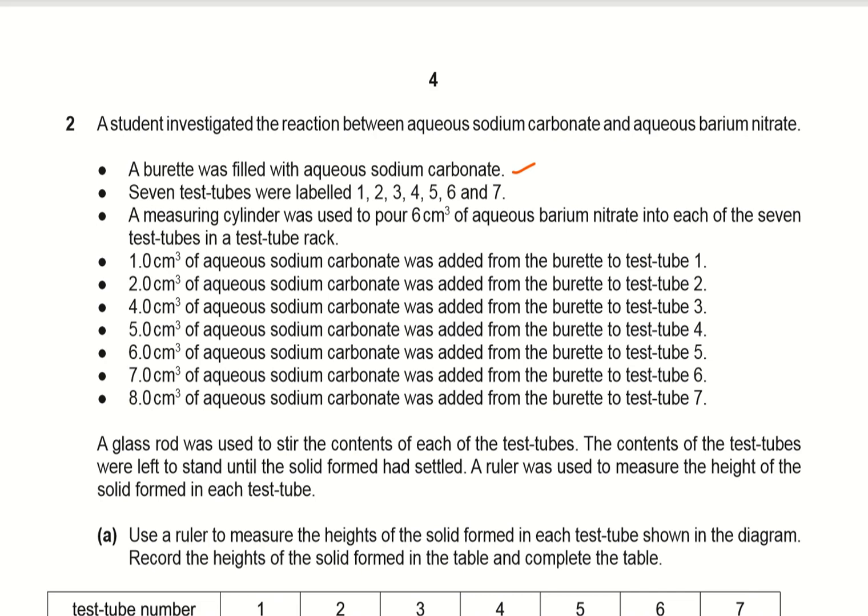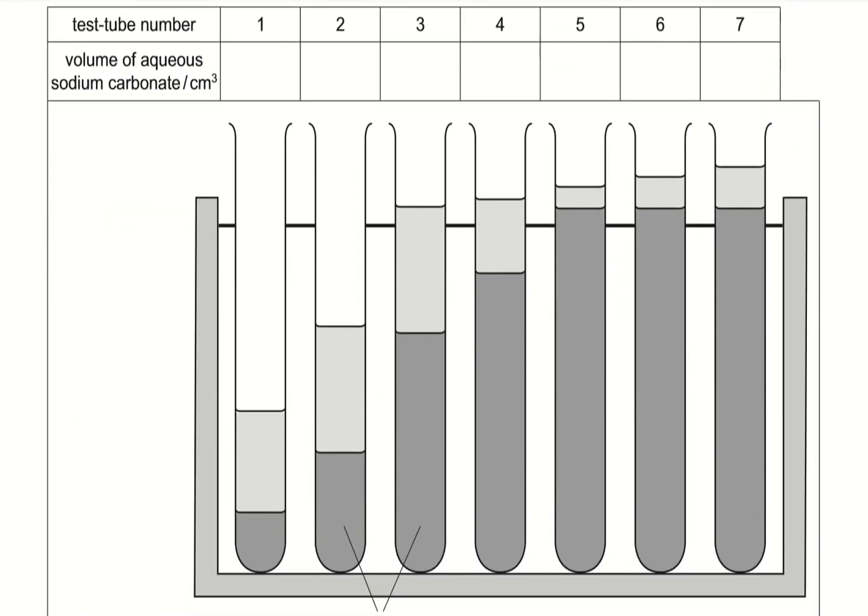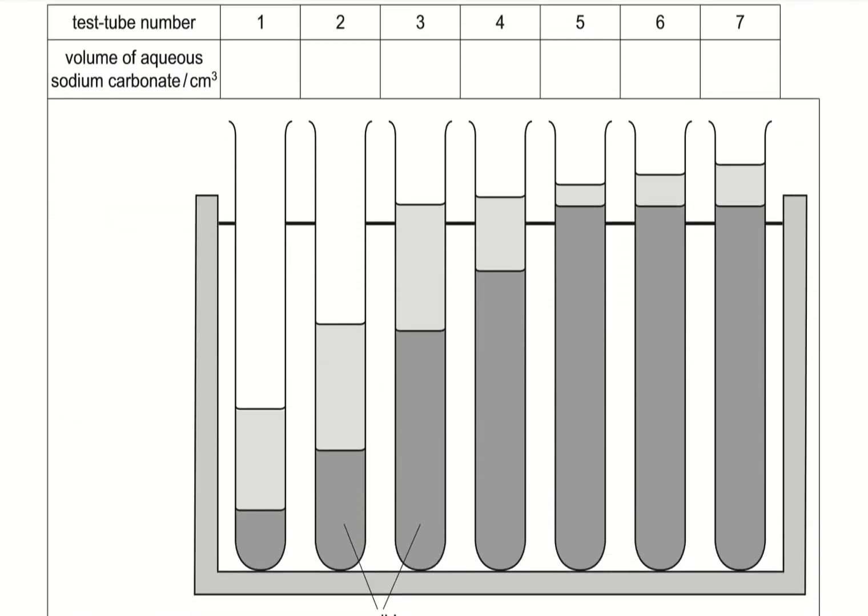The first test tube has 1 cm cube, the second 2 cm cube, and it continues until the last test tube contains 8 cm cube of sodium carbonate. If you look at this diagram of the setup, these are the 7 test tubes, the first, the second, the third. So you have different volumes of sodium carbonate put into the test tubes.